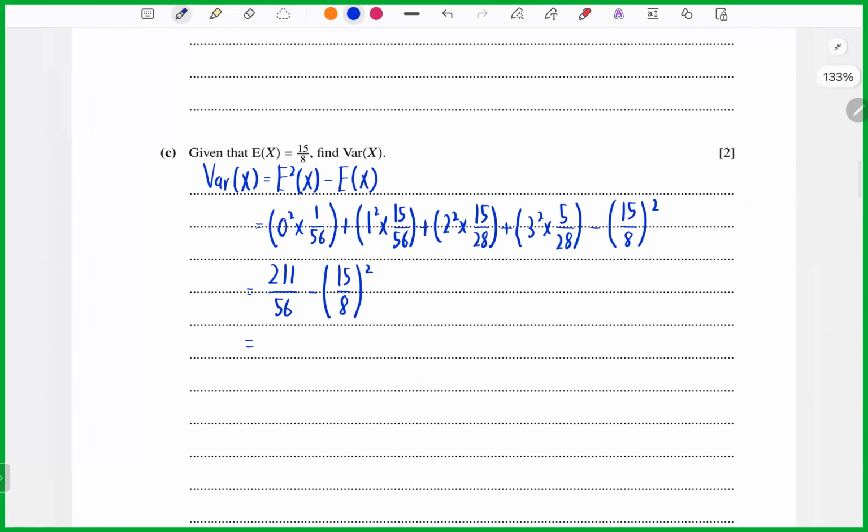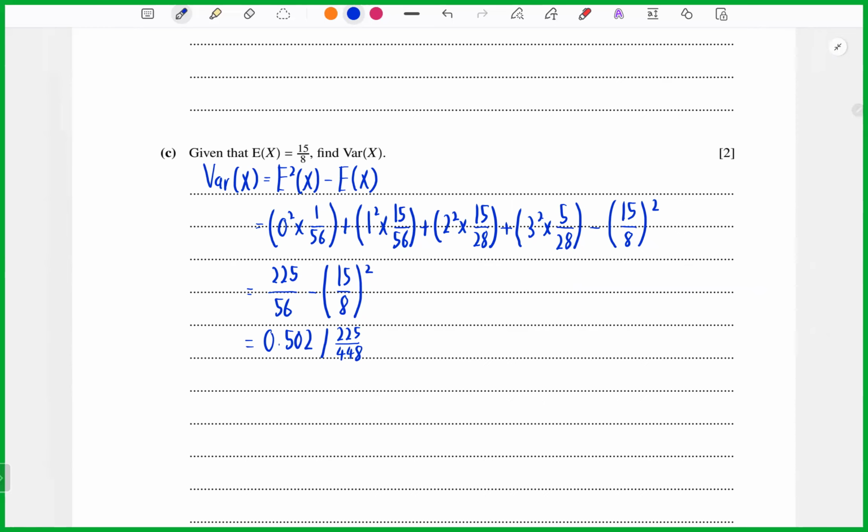So you take 1 multiplies 15 over 56 plus 4 multiplied 15 over 28 plus 9 multiplied 5 over 28, so you will get 225 over 56 minus 15 over 8 squared. So you can write your answer 0.502 or 225 over 448. So this is your answer for question C.